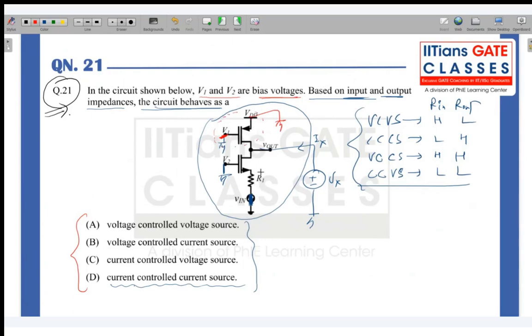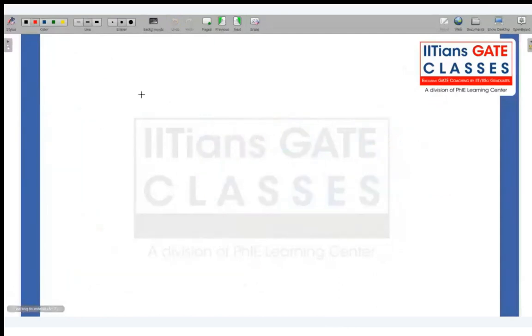This is R1. Suppose there is no R1, whenever R1 is not present, your output resistance will be ro only. But whenever the source terminal is degenerated, what is the meaning of degeneration? Suppose I'm taking one circuit here.